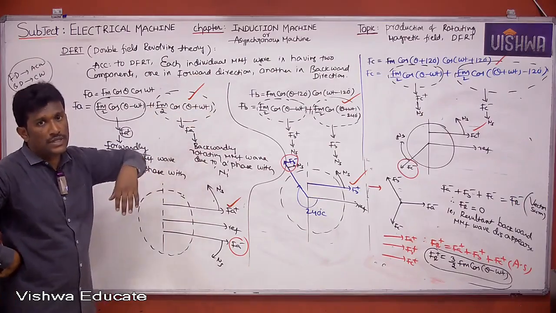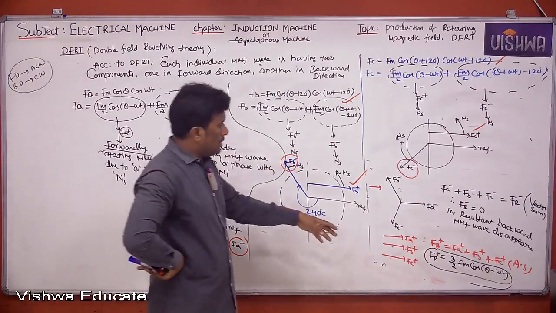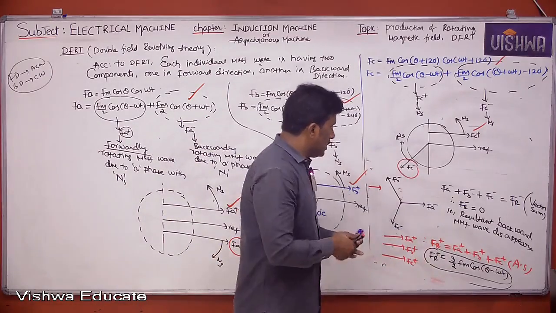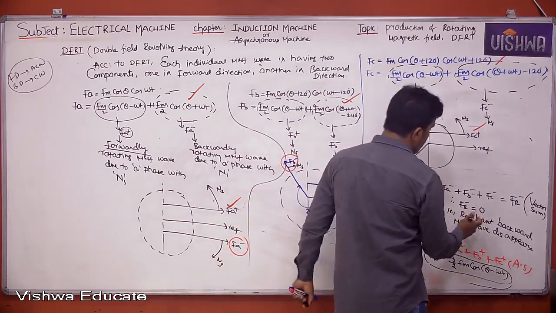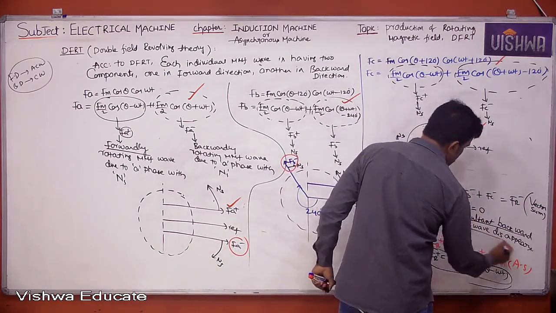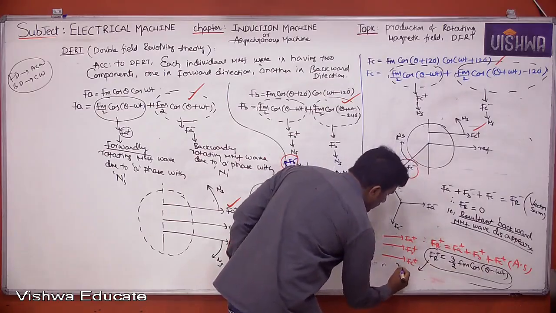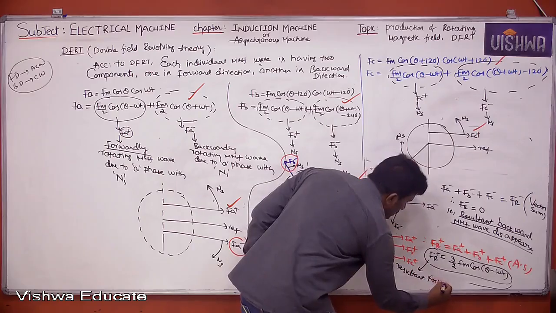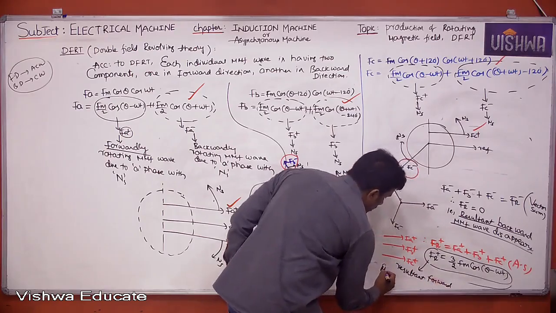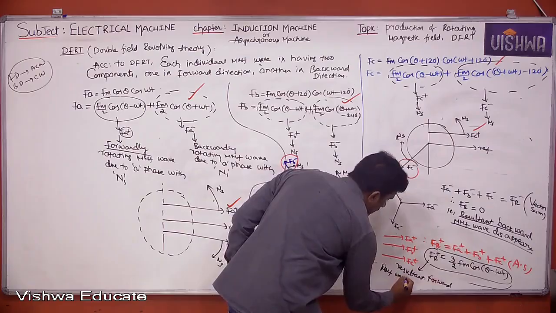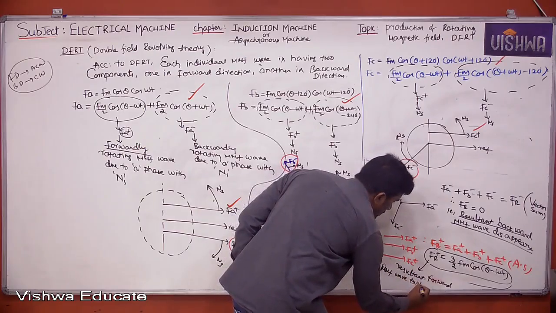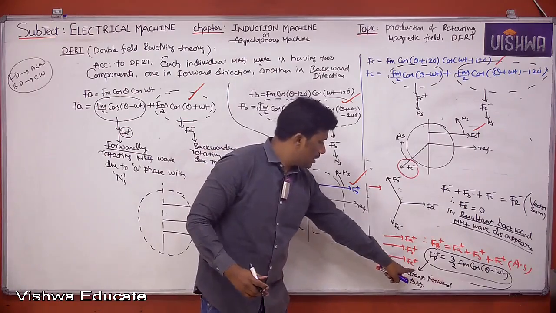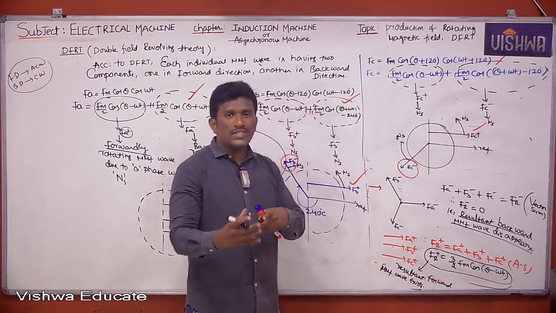For this ABC phase sequence, we got this resultant MMF wave rotating in a forward direction, because this FR minus, the resultant backward, disappears. So only the resultant forward MMF wave exists. That means, see, what I told, forward means ultimately your motor is rotating in a forward direction.